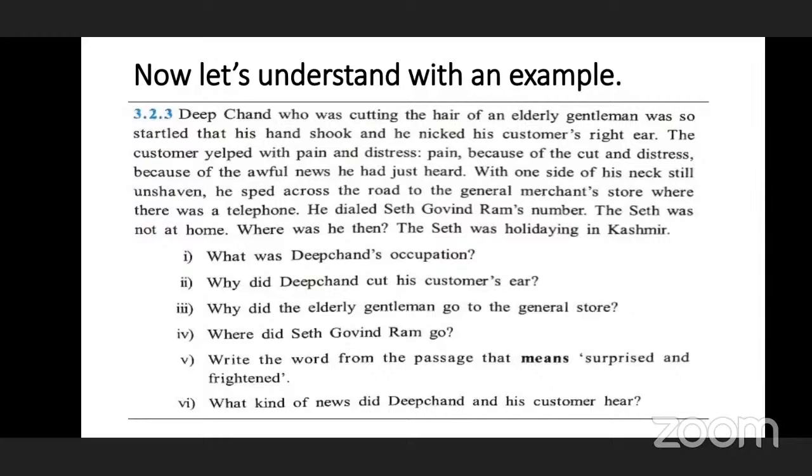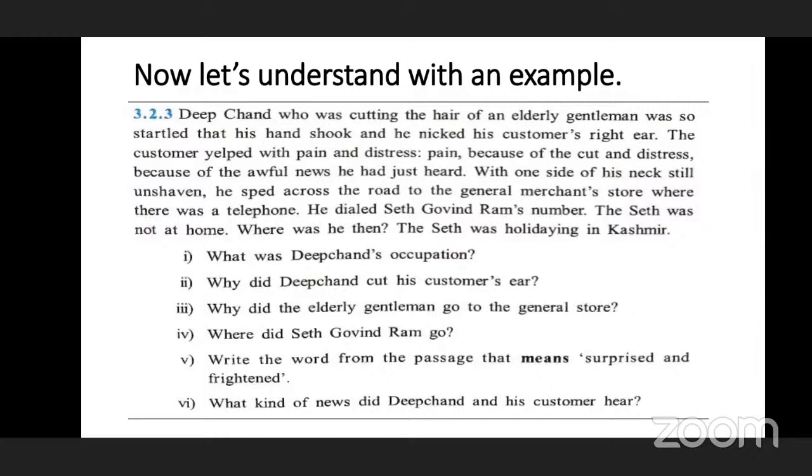That is the best part of applying this first rule. And the second question, see this: Why did Deep Chand cut his customer's ear? So there is an incident in the paragraph. This question is providing some information to us: Deep Chand cut one of his customer's ear.